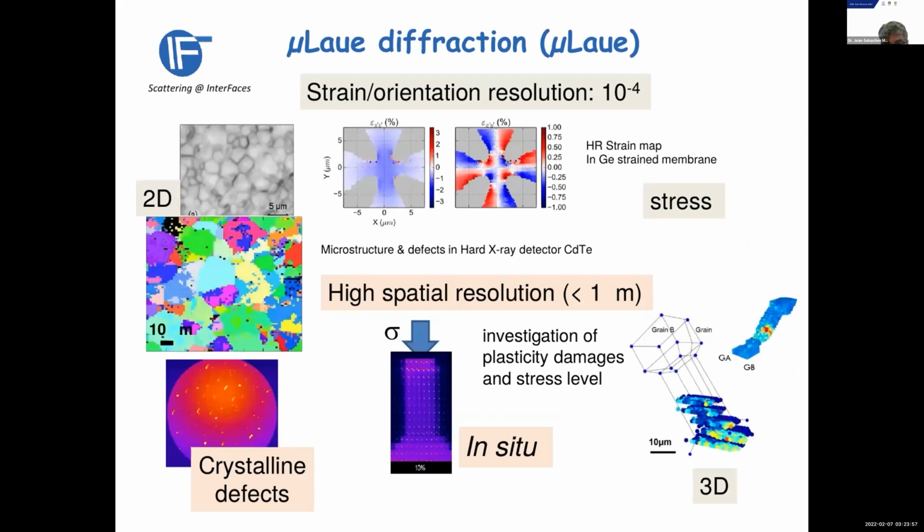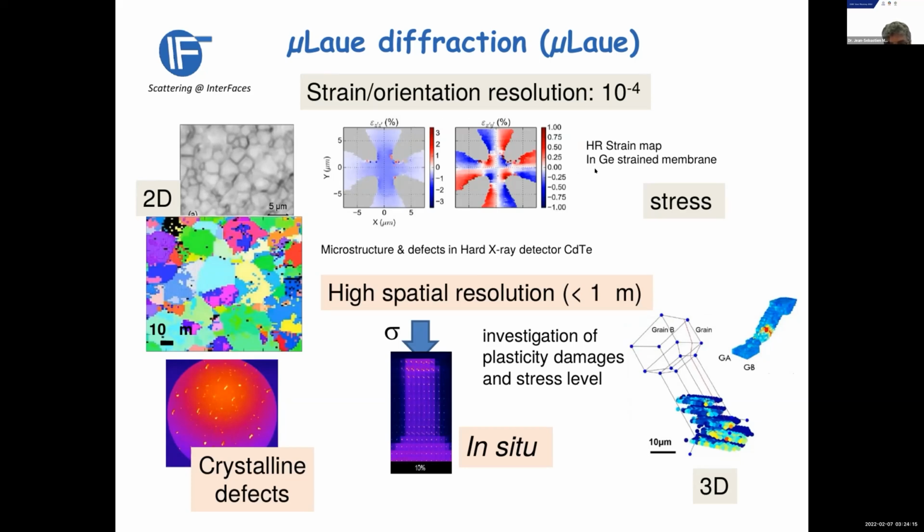Okay, this is one slide to show you what we can obtain, and these are the main keywords of the technique. So this is a take-home message. A strain and orientation resolution which is very, very fine, 10⁻⁴. You can perform strain maps on the sample.